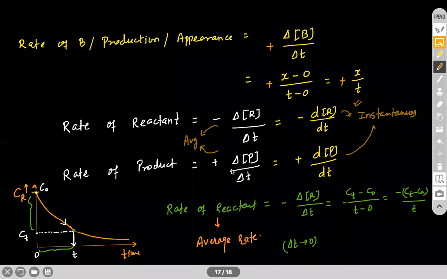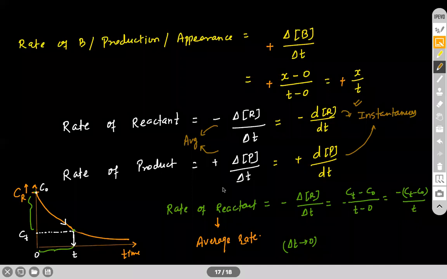So we have discussed the types of the rate of the reaction. That is, we have two different types of rate of the reaction, average and instantaneous rate. Again, I am telling you, this difference is not that important. Okay, instantaneous and average, you should know this. What is the difference of dr by dt and delta r by delta t? Average and instantaneous.